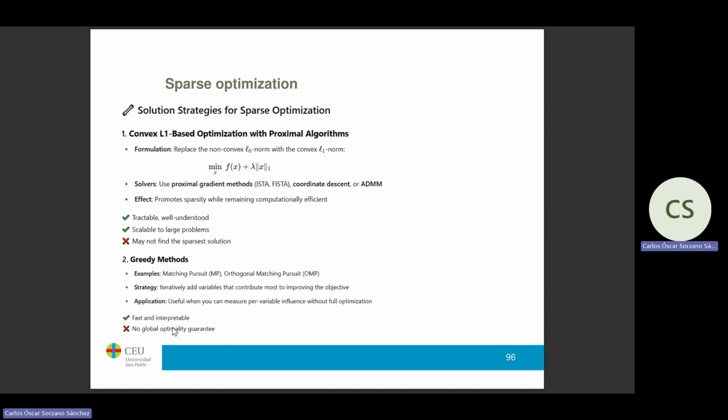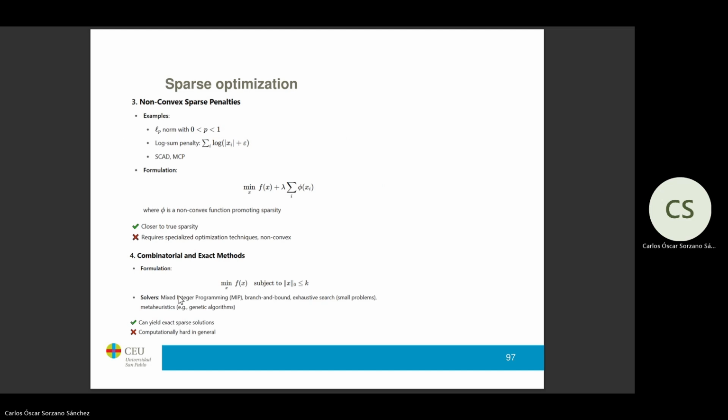But it is very fast, very easy to interpret. And then another approach to these sparsity problems can be these non-convex sparse penalties.